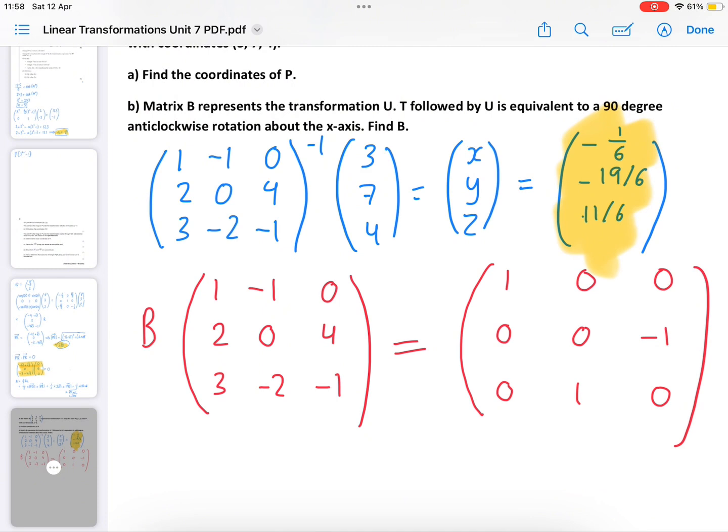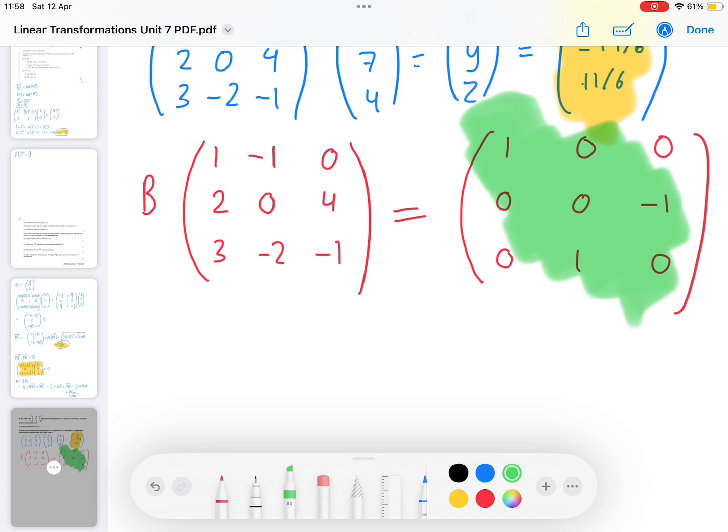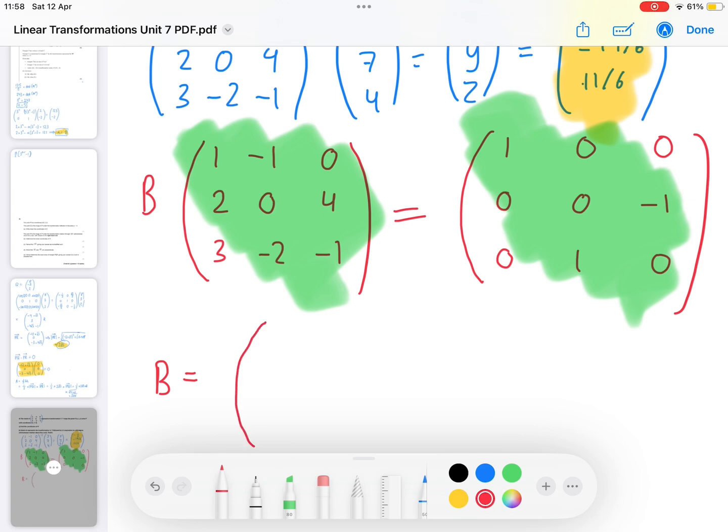And if you do that, so in order to find B, what you're going to do is inverse this matrix on the right hand side. You're going to inverse this one and then multiply it by this one in order to get the matrix B. So B, if you do that, is going to be -4/3, 1/6.